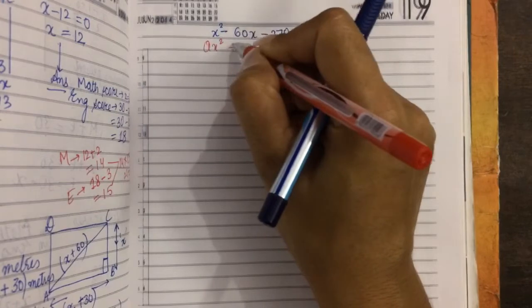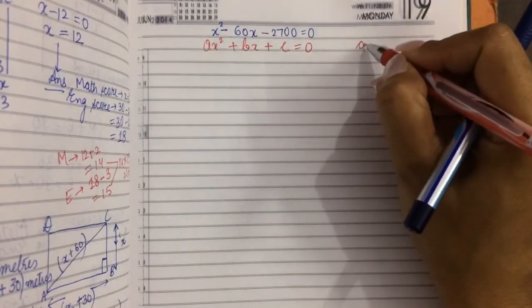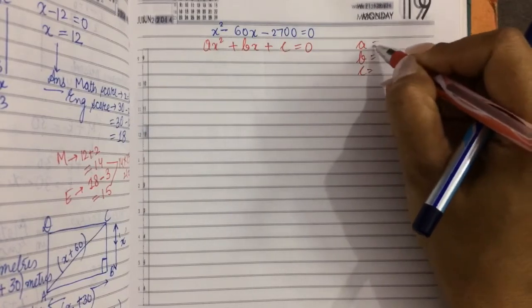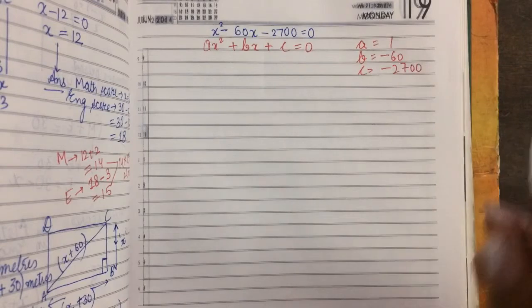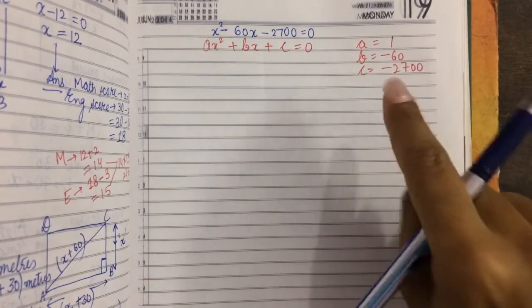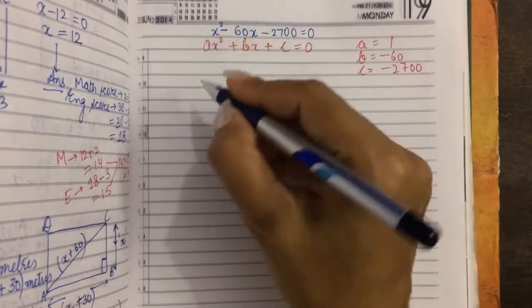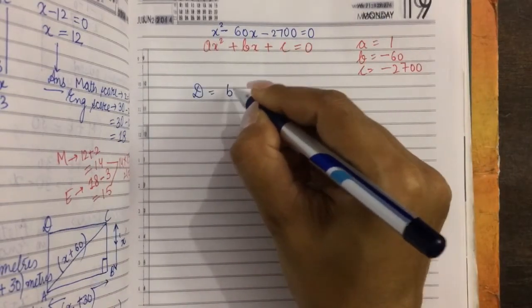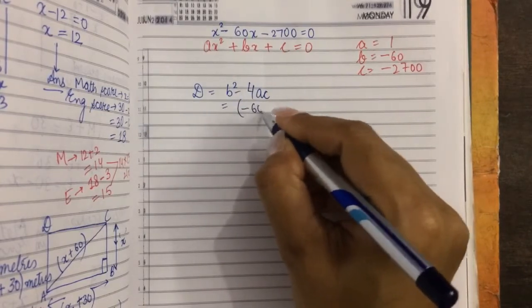So ax square plus bx plus c, this is the standard form. From here the values of the coefficients can be noted down before I apply my quadratic formula. And once I've done this, this is the first step. From here I'm going to obtain the discriminant, which is equal to b square minus 4ac. Let's use the values.